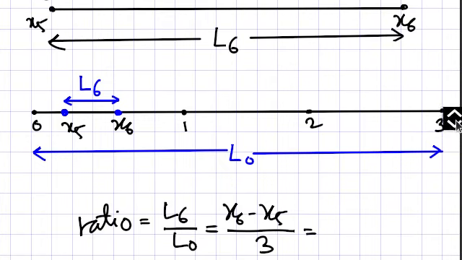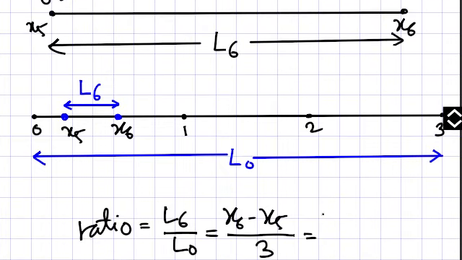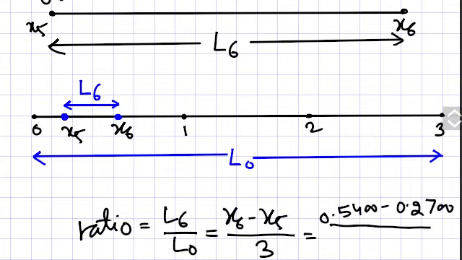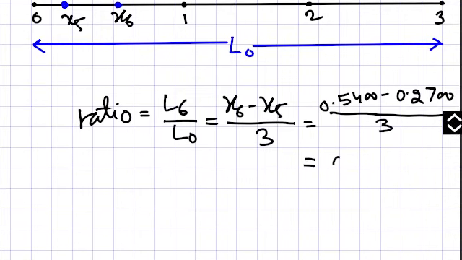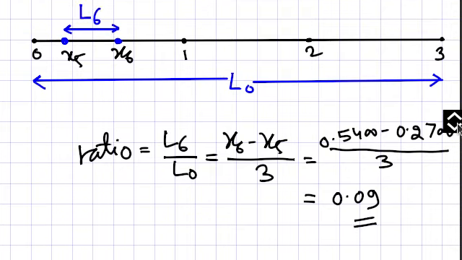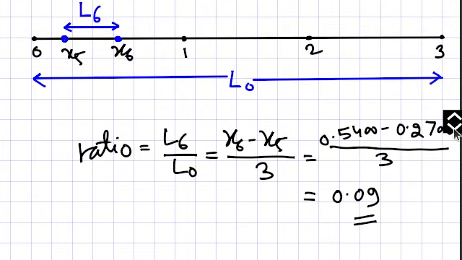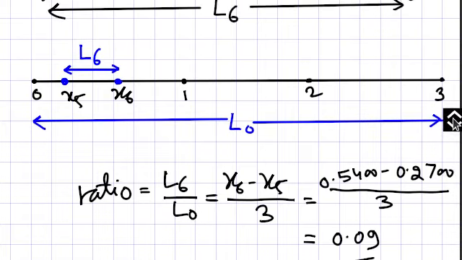Write all this data: 0.5400 minus 0.270 divided by 3. When you solve this, you will get 0.09. So this is the ratio. This is the percentage by which we have refined, this much we are close to the minimum value.